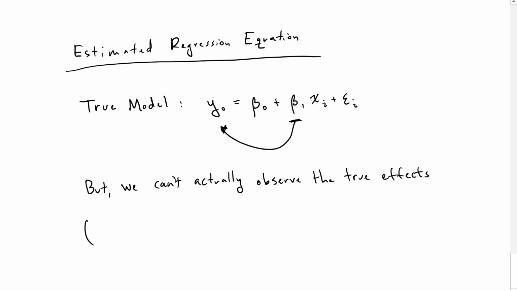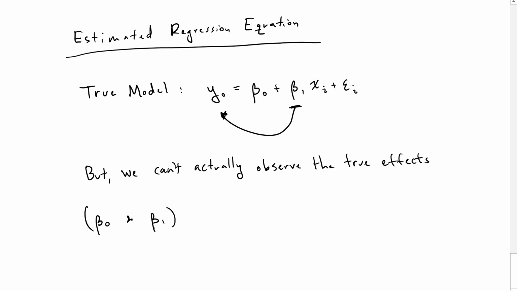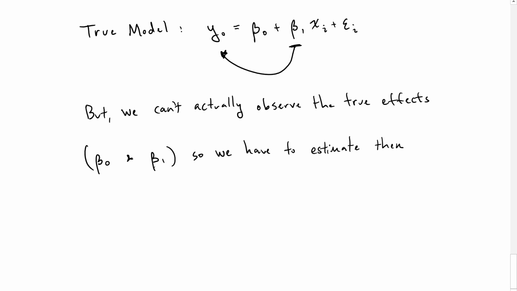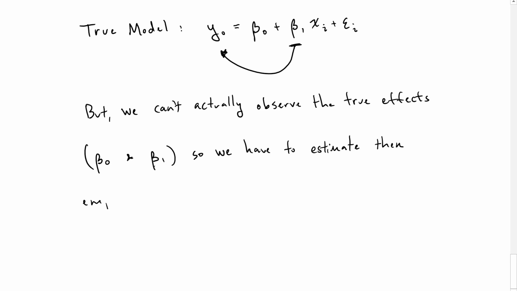So we can't actually observe the true effects, meaning beta 0 and beta 1. So we have to estimate them empirically, the best we can.